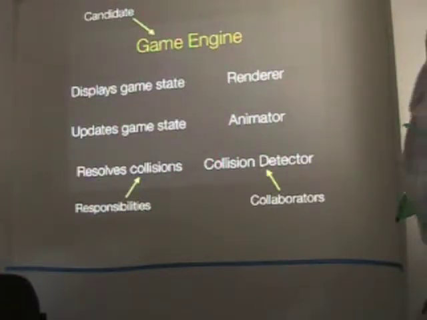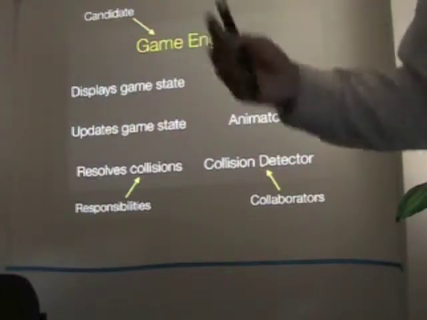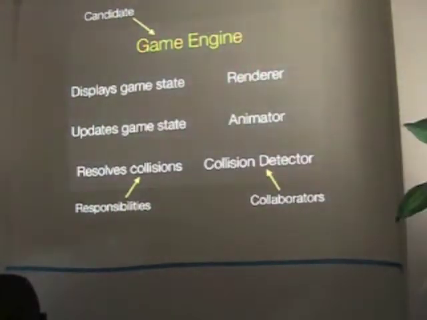Okay, instead of CRC, class responsibility collaborators, you have to start thinking in terms of roles, responsibilities, and collaborators. A renderer could be just a role. Animator is just a role. Collision detector is just a role. This way I can swap different implementations of collision detectors.